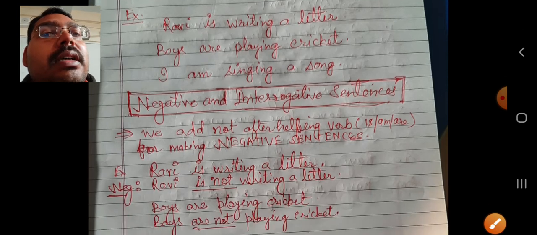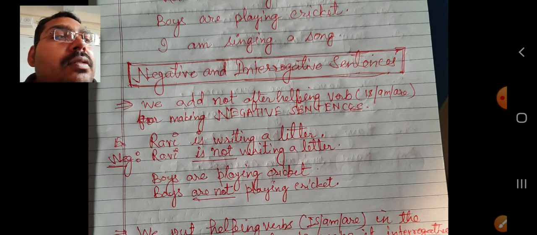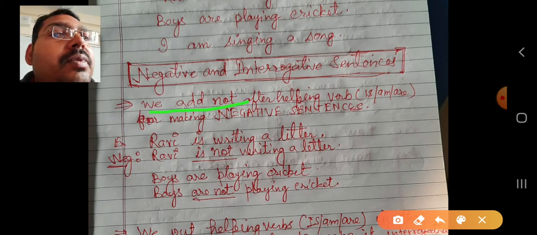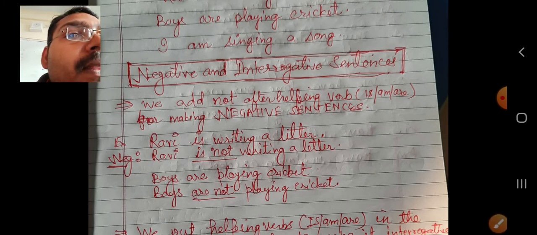Now, students, if you need to make a negative or an interrogative sentence, then what to do? If we want to make a negative sentence, we need to simply add not. And where do we need to add it?